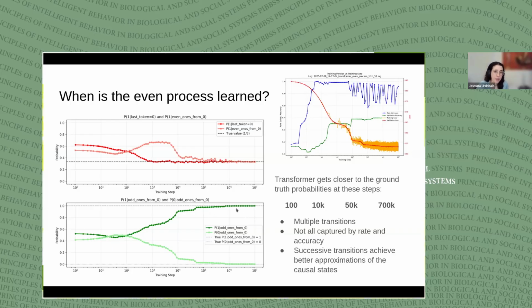We can think of this as these successive transitions achieving better approximations to the causal states up until we have full agreement, at least for this simple process. And importantly, then again, we can find that especially the later transitions are not well captured by the rate and to some extent also by the accuracy, whereas we do see some subtle changes in the validation loss.